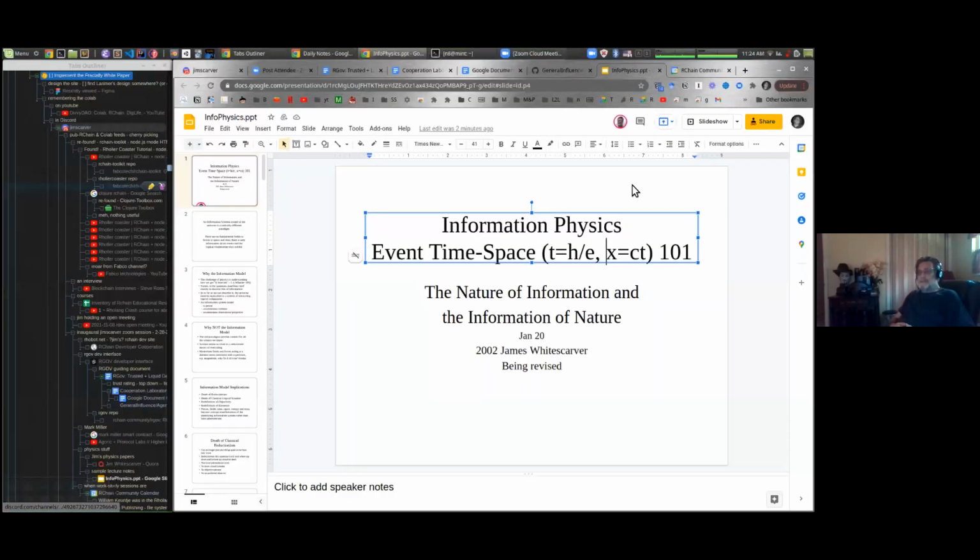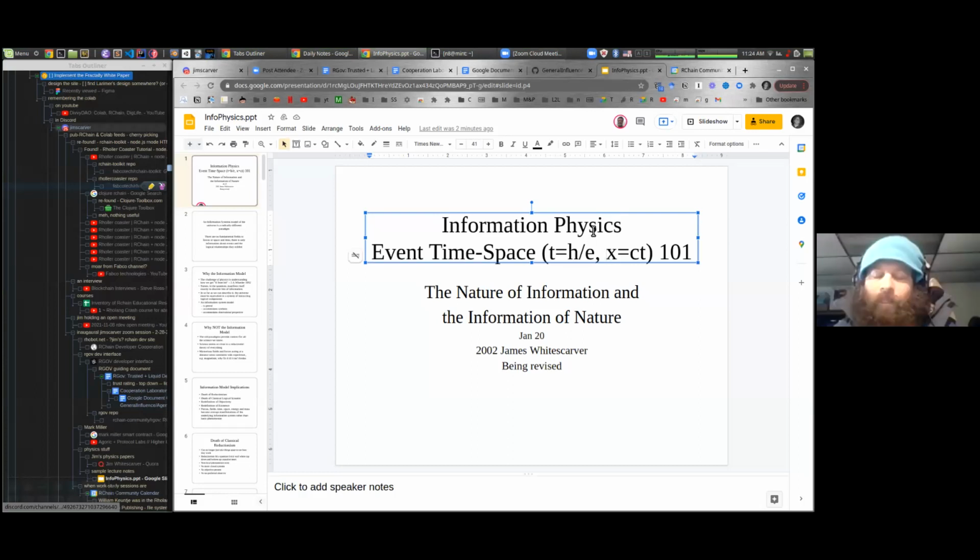So we're looking at information physics, event time space, which is what I called it a couple of decades ago. It's still relevant. We have time equals Planck's constant over energy, which is the delay of an event exhibited by an event.